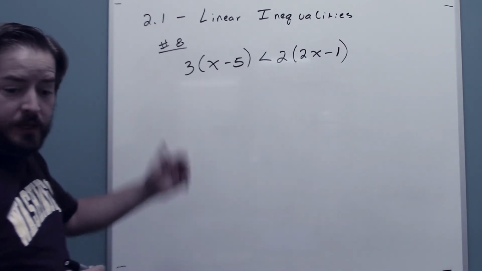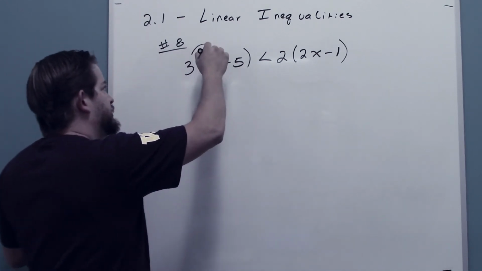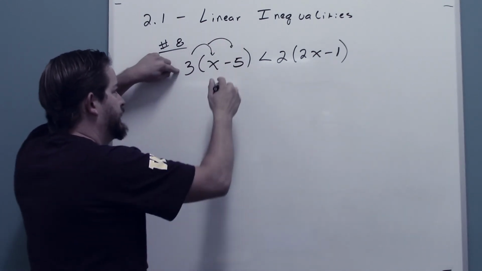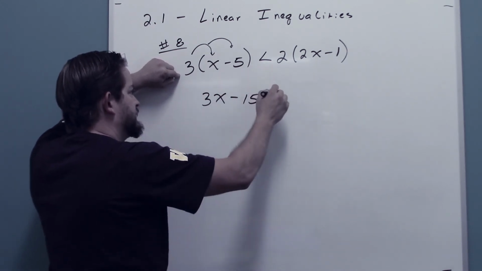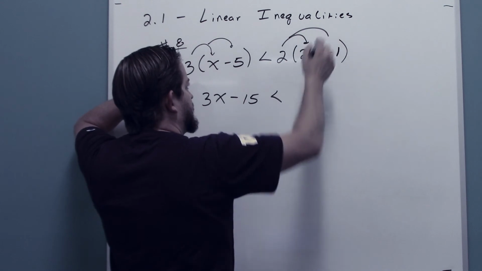Alright, so I would begin by distributing. So I take my 3 and distribute it through. That gives me 3x minus 15 is less than 4x minus 4.